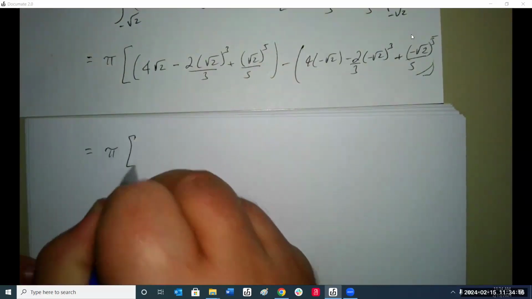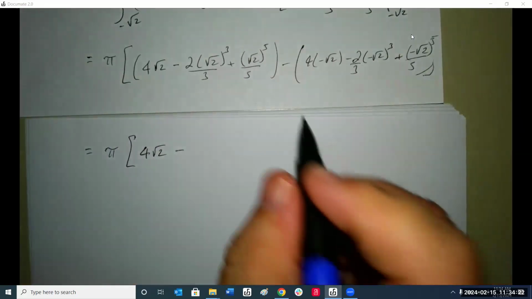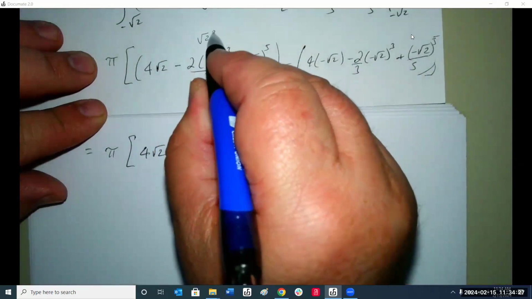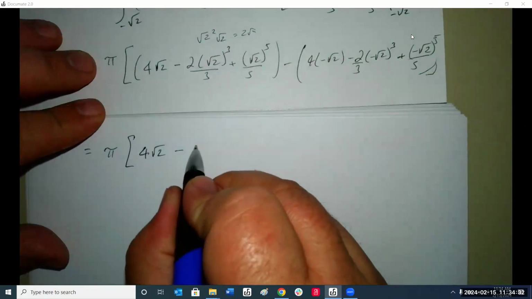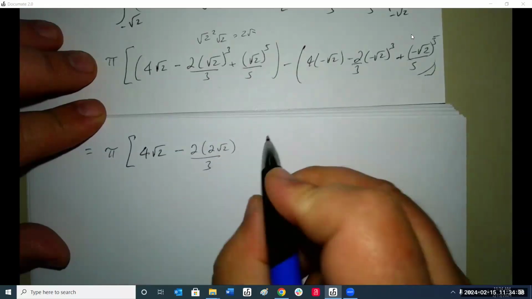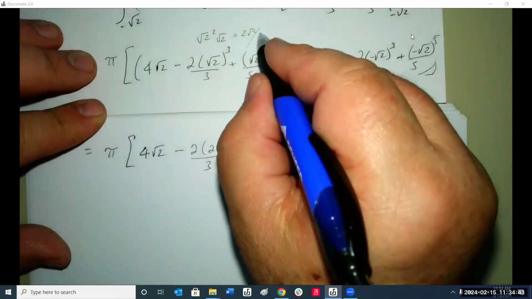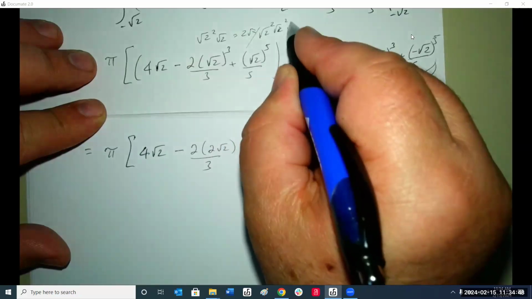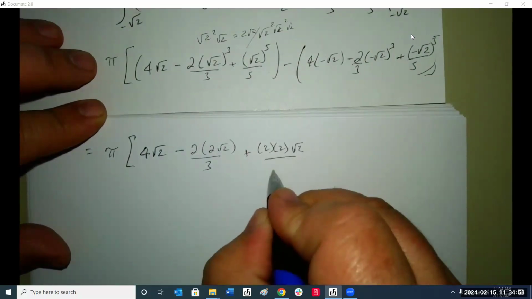So it's pi times 4 square root of 2. Now square root of 2 cubed is square root of 2 squared times square root of 2, which is equal to 2 square root of 2. Same thing here: square root of 2 to the 5th is squared, squared, 2, so it's 2 times 2 square root of 2 over 5.